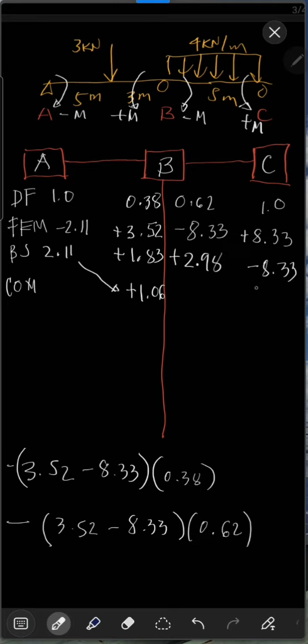For the ones at the sides, you only carry here. So carry 8.33 divided by 2, we have negative 4.17. Okay.